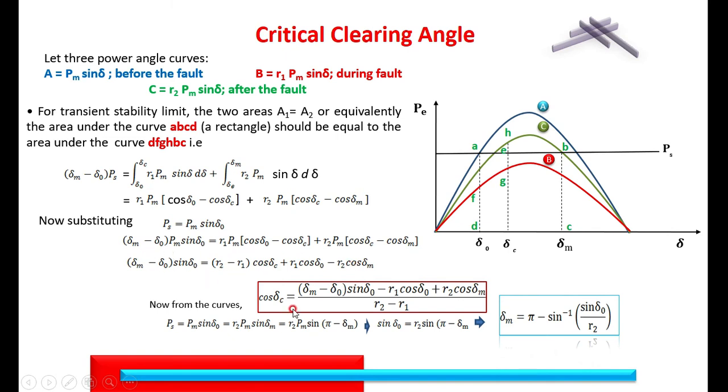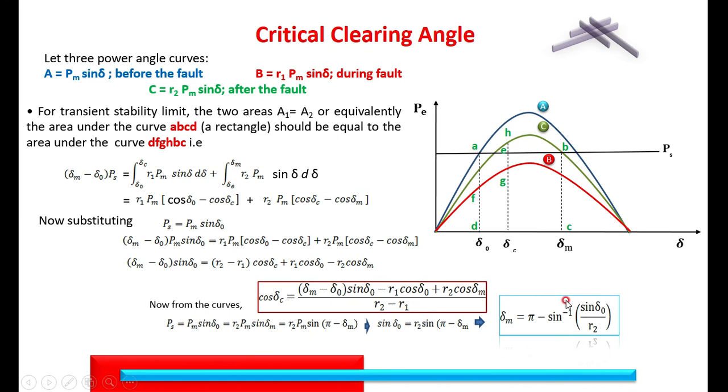Then cos delta C is equal to delta M minus delta naught times sin delta naught, minus R1 cos delta naught, plus R2 cos delta M, divided by R2 minus R1.